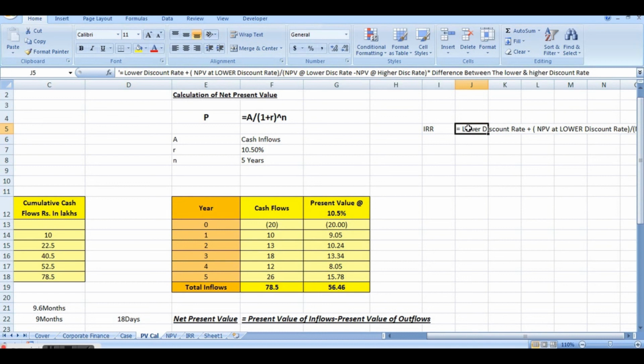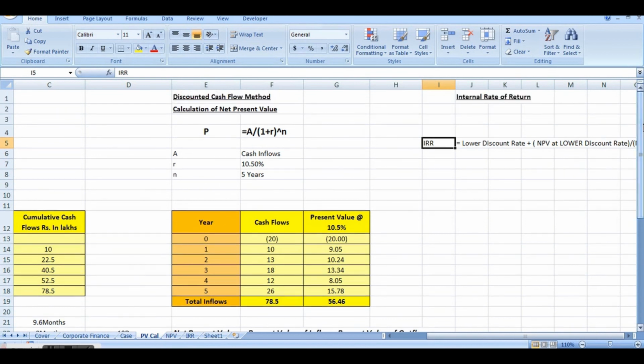This is where Excel comes into the picture, because it does these calculations, even of NPV or IRR, in a fraction of a second. So instead of going by this tedious, lengthy and time consuming method, we will learn how to calculate NPV and IRR using Excel.